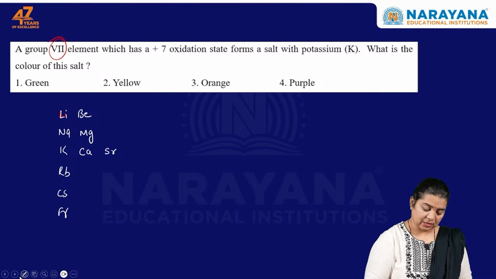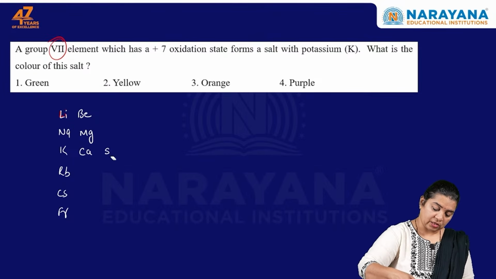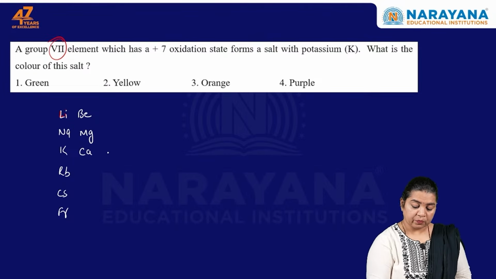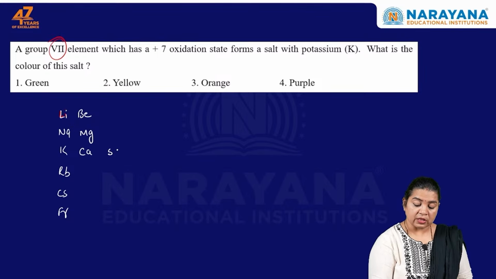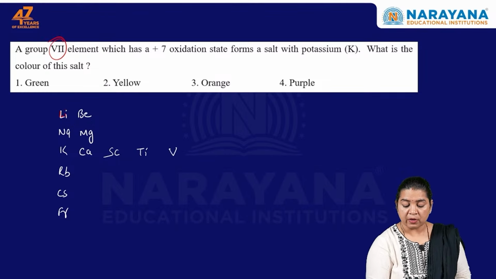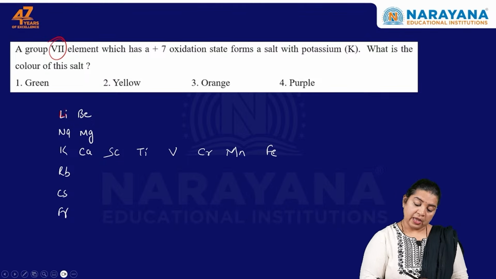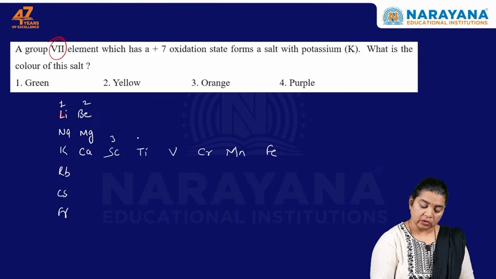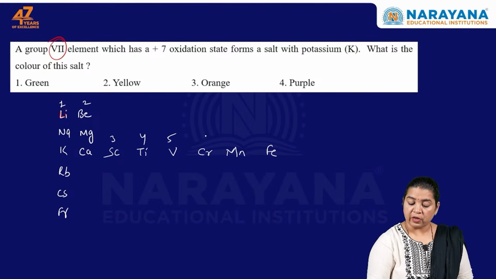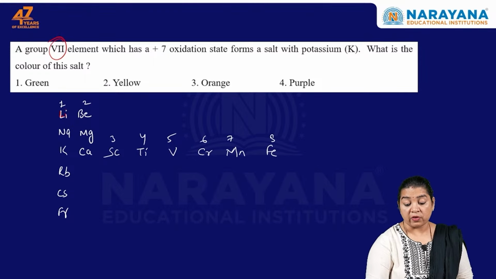Oh, sorry, certainly not strontium, which is our first scandium, titanium, vanadium, chromium, manganese, iron. Let us check the group number: first, second, third, fourth, fifth, sixth, 7, 8.